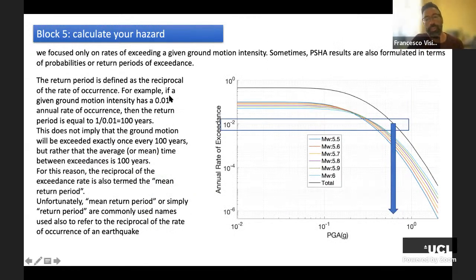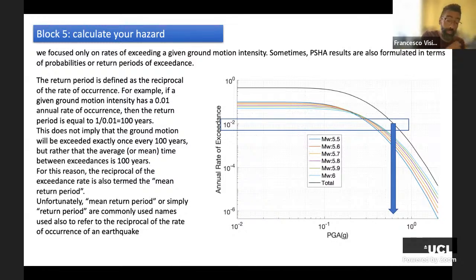I usually speak about annual rate of exceedance, but sometimes you read about mean recurrence time. This is just the inverse of the other. So if a given ground motion intensity has a 0.01 annual rate of exceedance, the return period is 1 divided by 0.01.